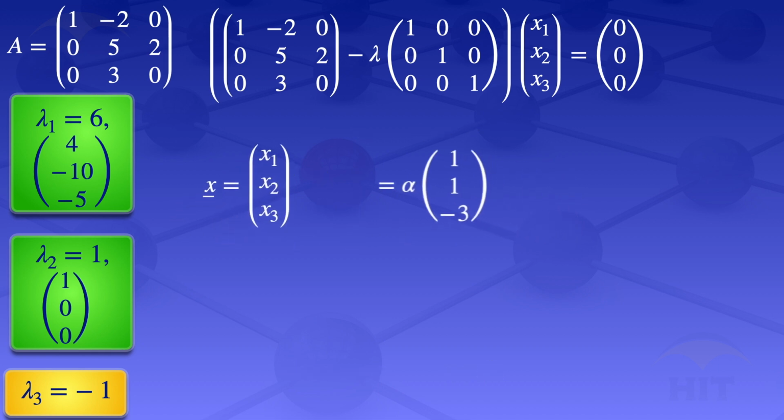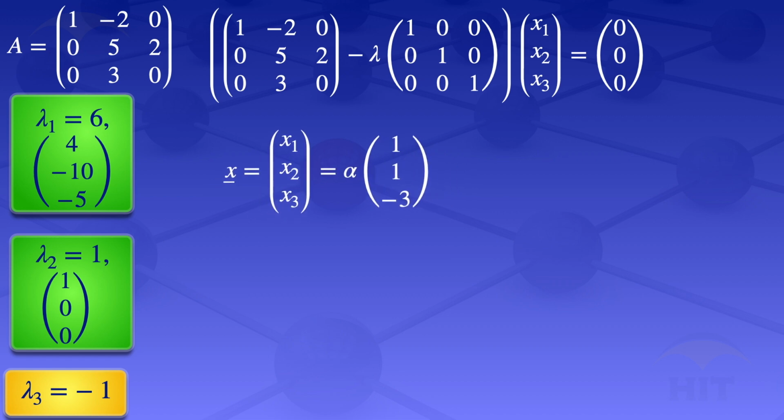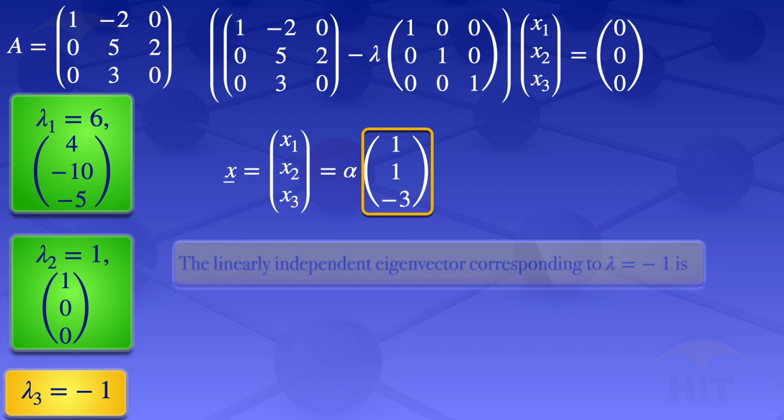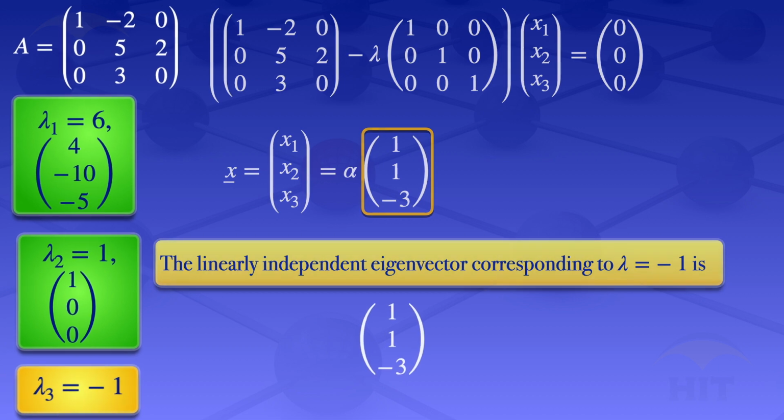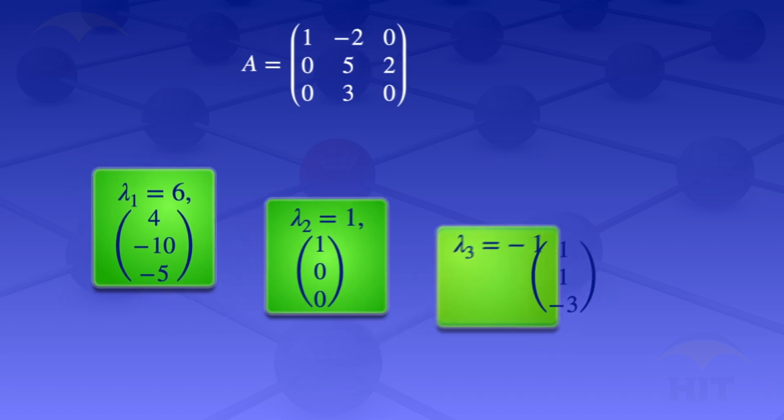So what we are having there is infinitely many eigenvectors, but all these vectors are a scalar multiple of this vector here, 1, 1, minus 3. So what we'll be having there is the linearly independent eigenvector corresponding to lambda equals to minus 1 is 1, 1, minus 3. So I'll go on and write them there.